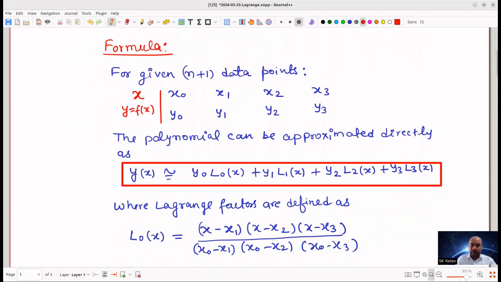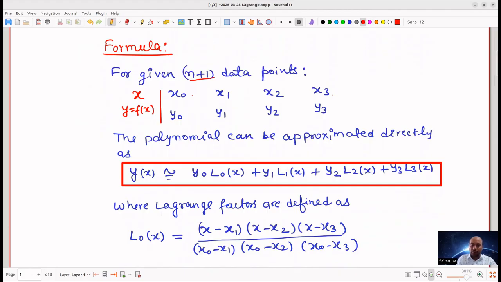The formula here is for any n plus 1 data points. Let us call them x0, x1, x2, x3 and so on. You can write x4, x5, x6. I am writing up to x3 only here, and the corresponding y values are y0, y1, y2, y3.